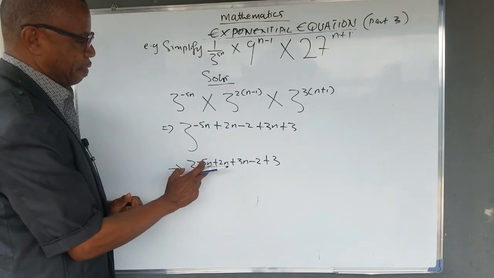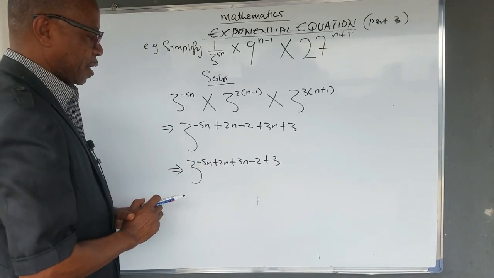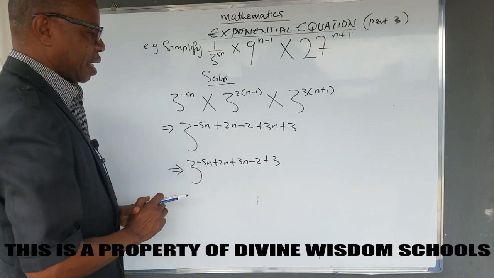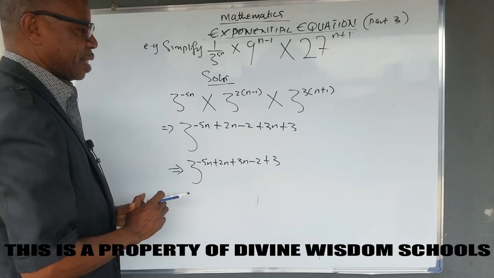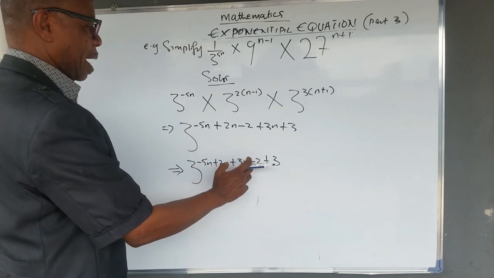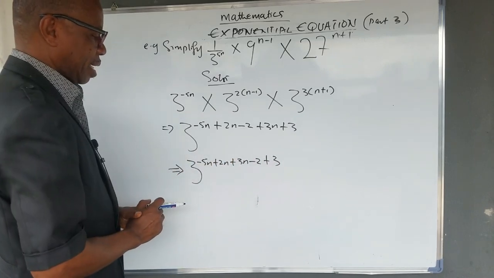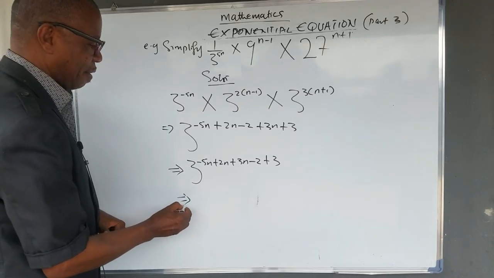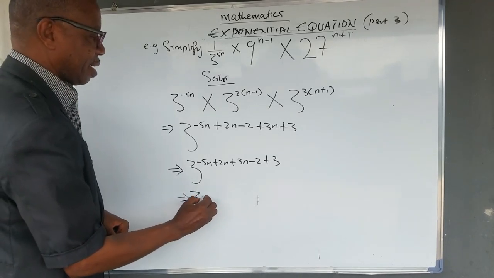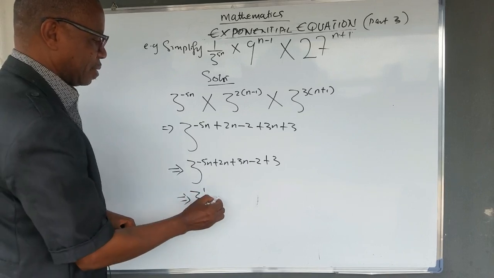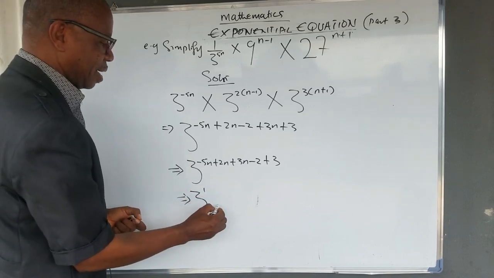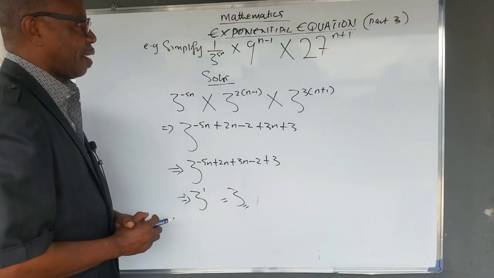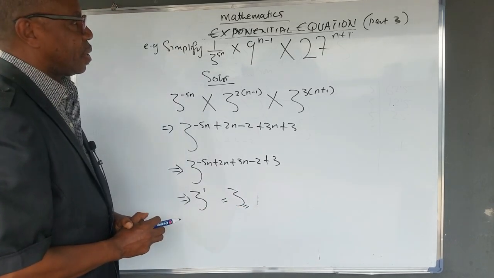Now, minus 5n plus 2n will give us minus 3n. Minus 3n plus 3n will give us 0. So we're now left with minus 2 plus 3, which definitely will give us 1. So what we have at last is 3 raised to the power 1. That means the answer is actually 3. That's the answer of this SSC question.